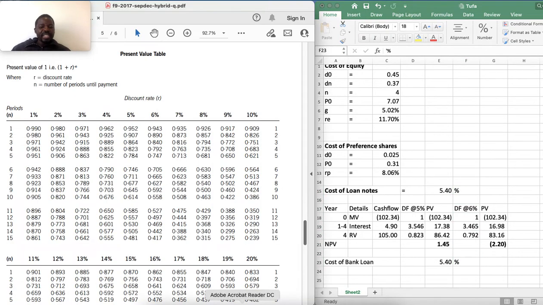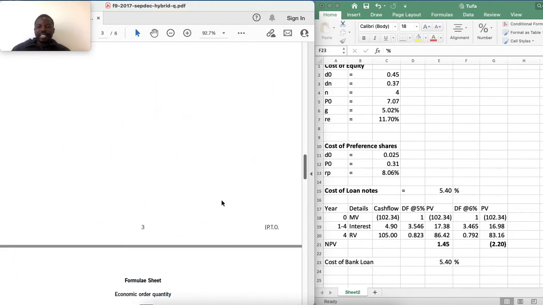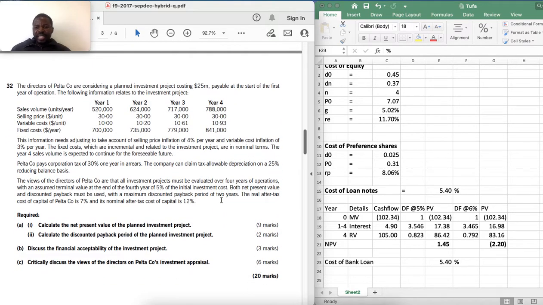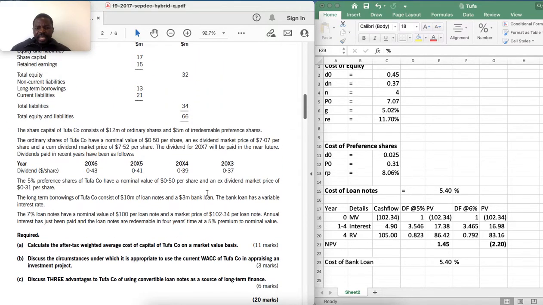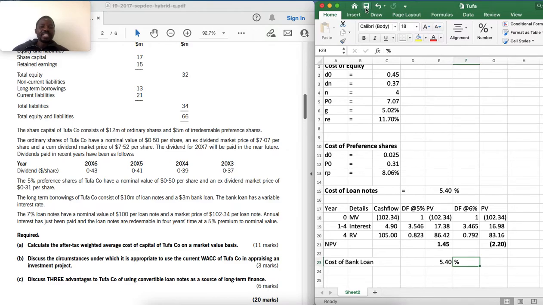Why are we estimating the bank loan at 5.4%? Every time you'll be told a hint, let's go there to the question, that the bank loan has a variable interest rate. If you are told that the bank loan has a variable interest rate, it means use the cost of the loan note also as the cost of a bank loan.